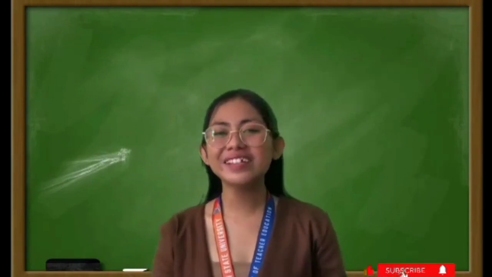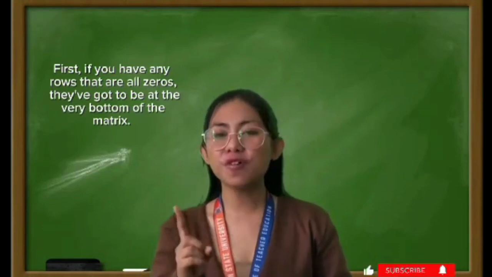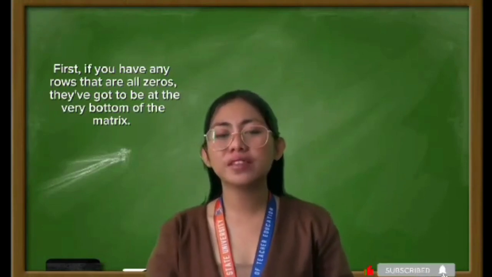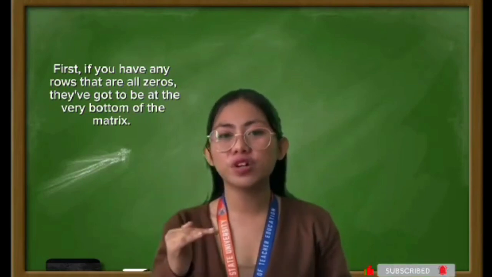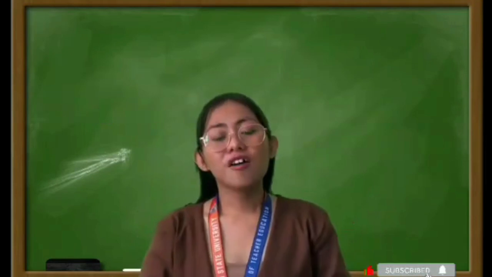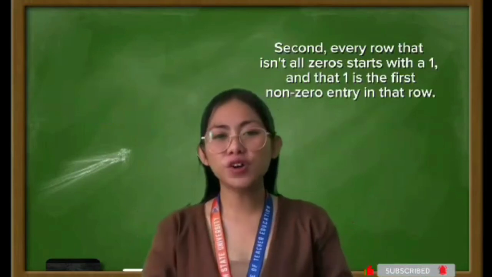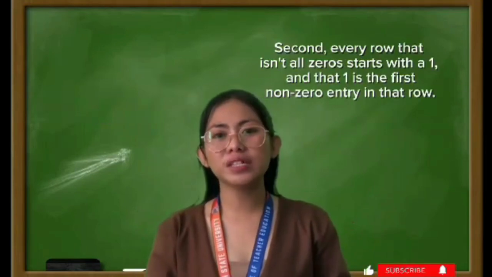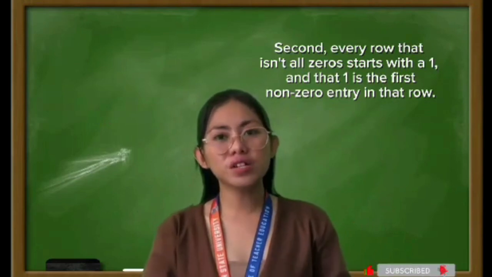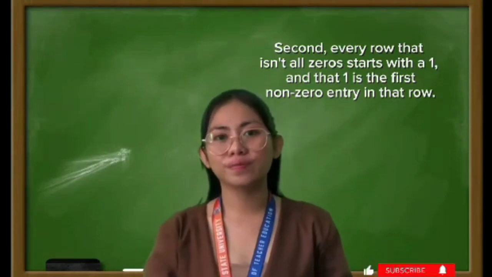Now, let's break down each of these rules. First, if you have any rows that are all zeros, they've got to be at the very bottom of the matrix, like this one. For the second, every row that is not all zeros starts with 1, and that one is the first non-zero entry in that row.